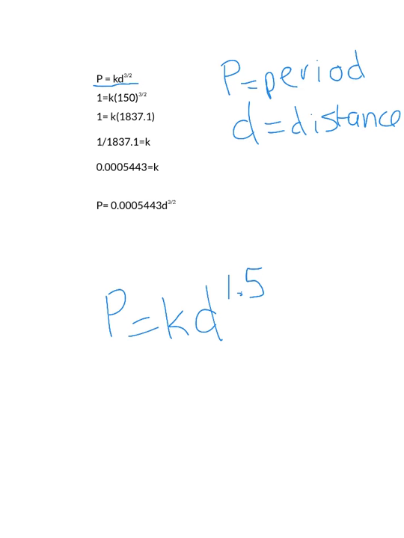So we know that the period for Earth is 1 year. So we're going to plug in 1 for the period, and then we know that the average distance, or d, is 150 million kilometers. So we're going to plug in that 150 for your distance.